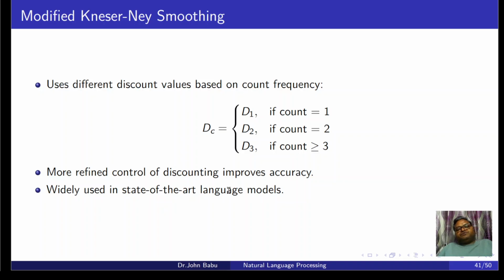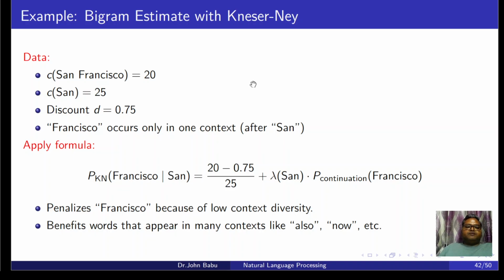Here there was a simple modification to Kneser-Ney smoothing based on how many times it is occurring. The discount factor will be calculated based on the number of occurrences: D1, D2 and D3 plus. For example, San Francisco occurs 20 times, San occurs 20 times, and the discounting factor is 0.75. And Francisco occurs only in one context, after San.